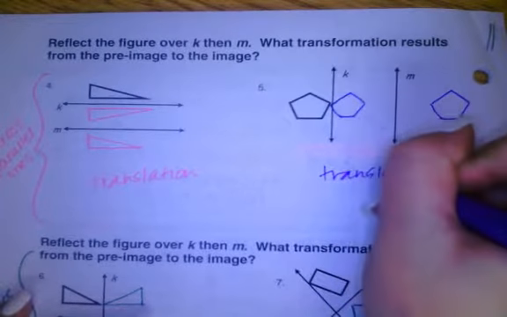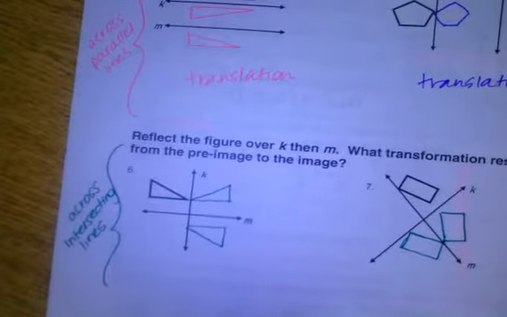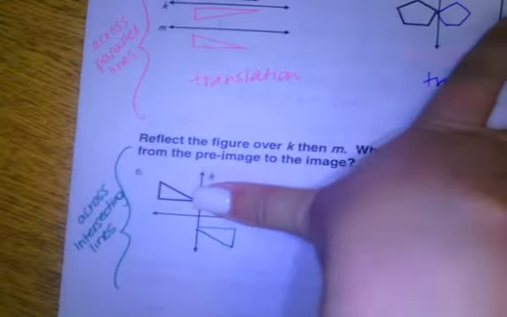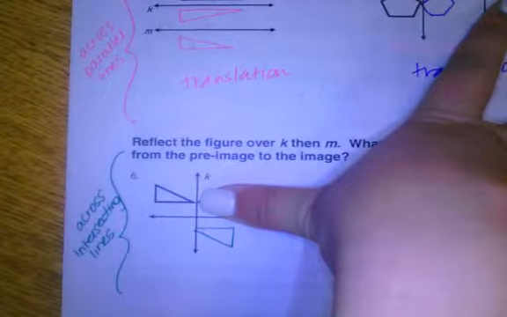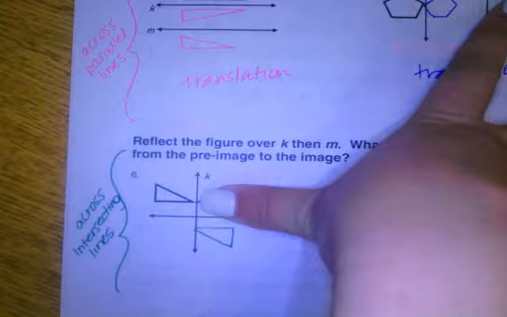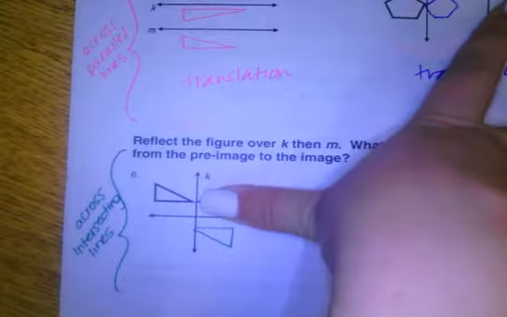Ronnie, number 6. How do you get from the pre-image to your last image? A translation and reflection. Not a translation and a reflection. Not a translation, because it didn't maintain the same orientation.